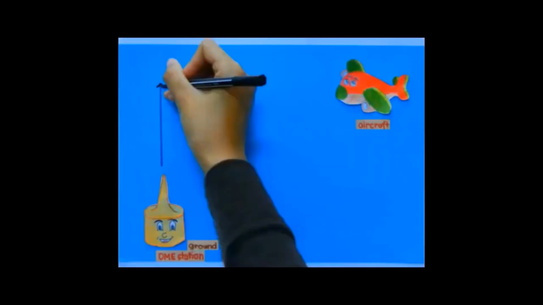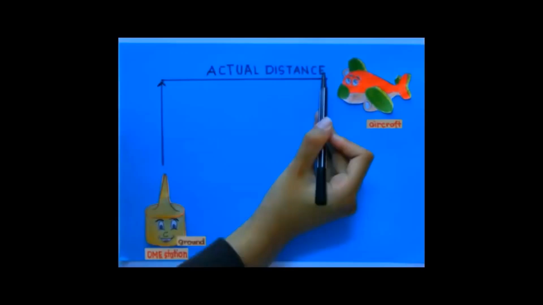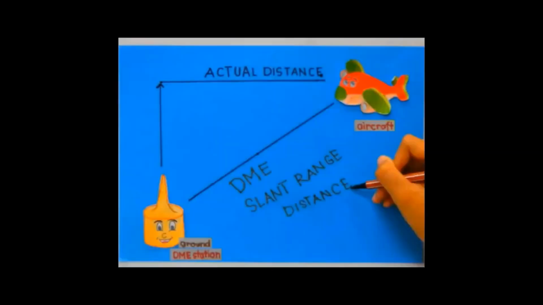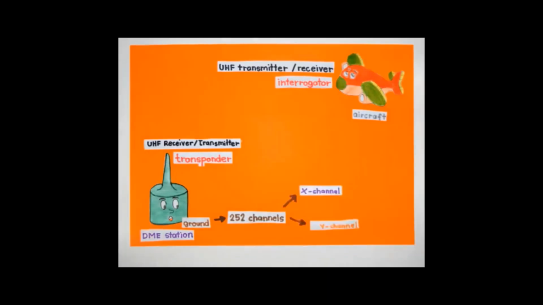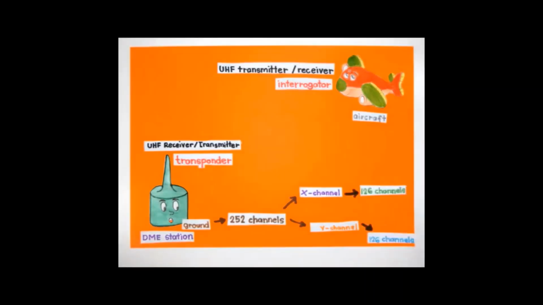DME is an aircraft system that measures the slant range distance from aircraft to a ground-based station. The DME can transmit and receive one of 252 channels, spaced at 1 MHz intervals. The channels are split into X and Y channels. Each has 126 channels. Each channel transmits and receives on frequencies that are spaced 63 MHz apart.